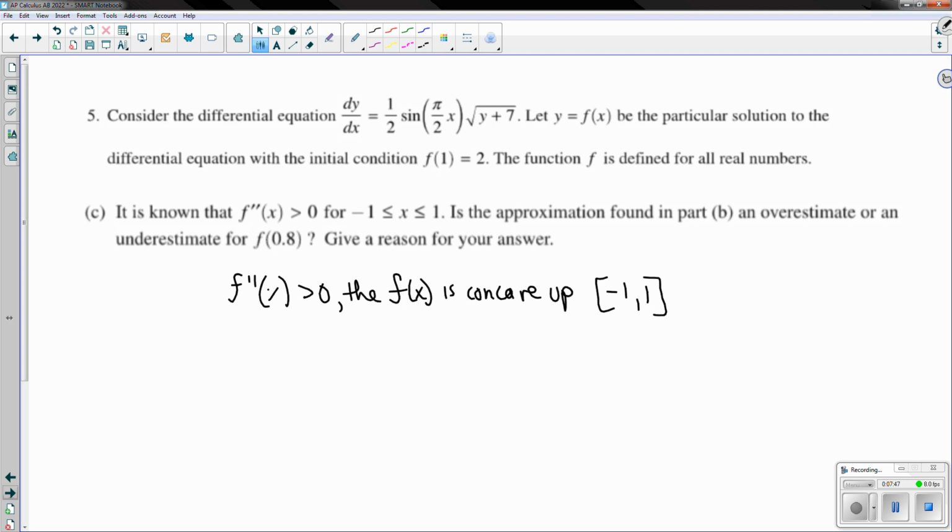So that's the first thing we should recognize. Now, visually, concave up means that as the function increases or decreases, it's increasing and decreasing at an increasing rate. That's the definition. So visually, it's going to look like either that or that, where it'd be decreasing at an increasing rate or increasing at an increasing rate.